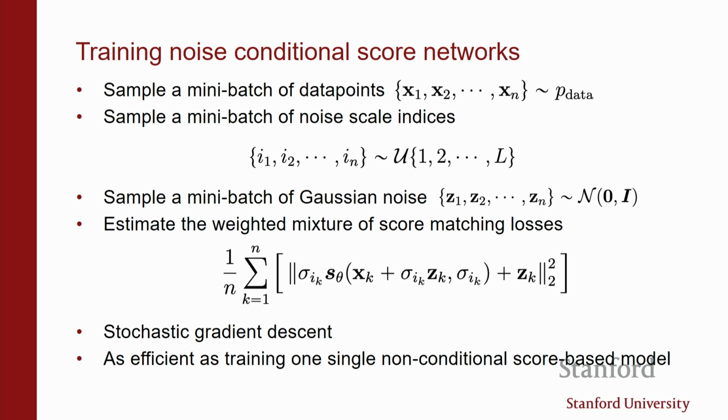And so everything is just as efficient as training a single score model, because everything is amortized and there's a single score network that is jointly trained to estimate the score of data plus noise at different noise intensities.